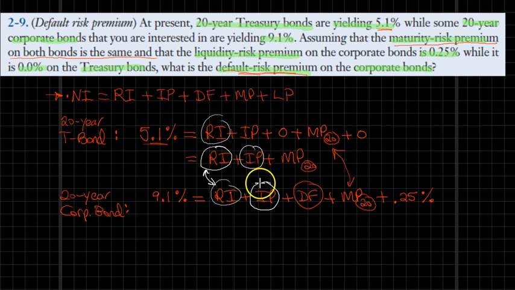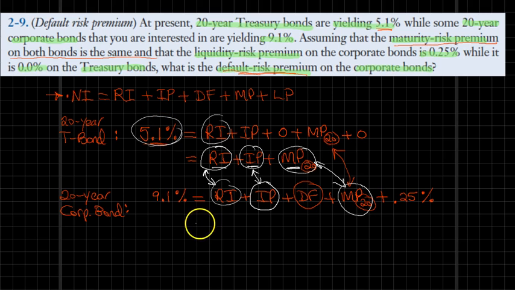Similarly, the inflation risk premium, these two numbers are also the same. And finally, the maturity premium is also the same. So therefore, in our formula, I will replace the real risk-free interest rate plus the inflation risk premium plus the maturity premium with 5.1%.